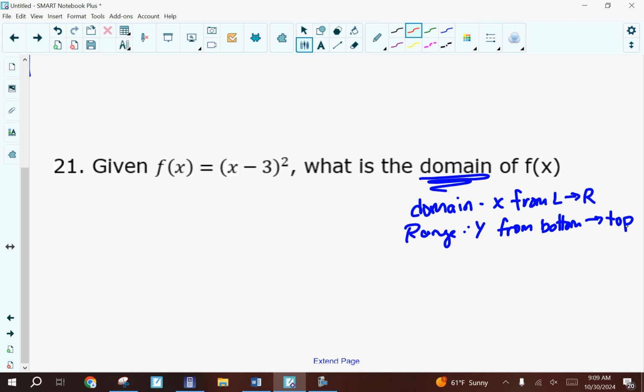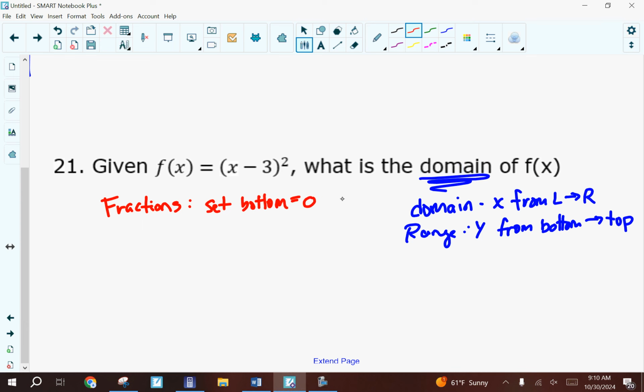Now, there's a couple of ways you can do this problem. You can either memorize a couple things. Everything has a domain of negative infinity to infinity except fractions. So if you see a fraction, you have to set the bottom equal to 0 and solve.